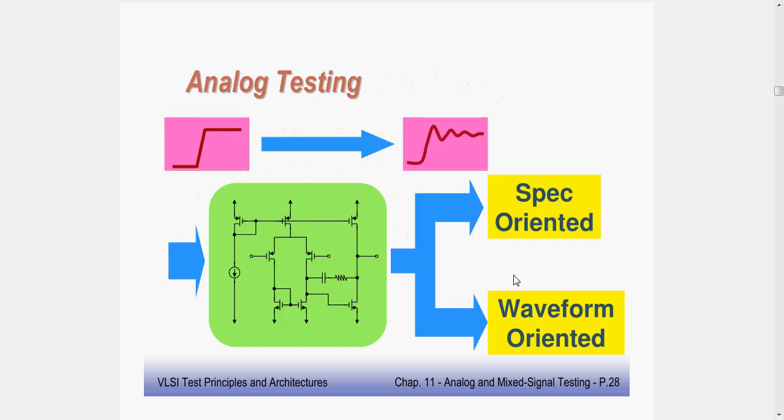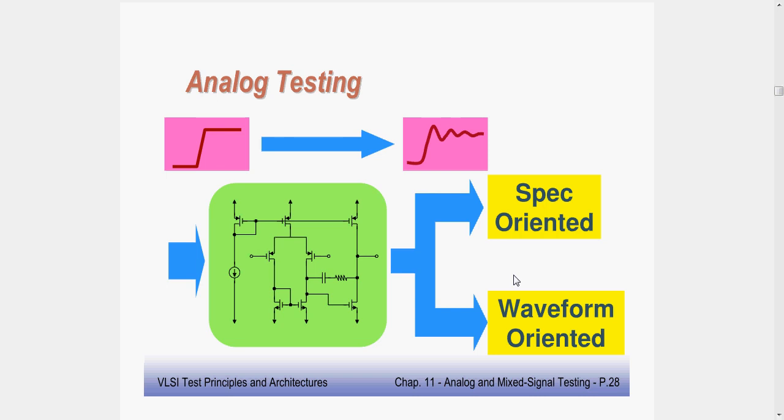In analog testing, whenever you want to test a particular circuit, what is the normal procedure? We have a device under test, or DUT, which is taken for consideration. A particular set of stimulus or input is given.